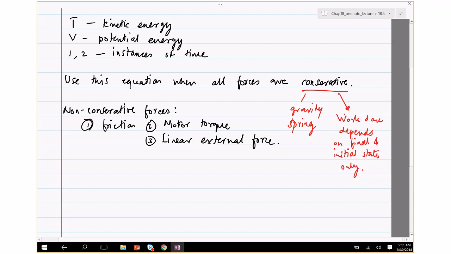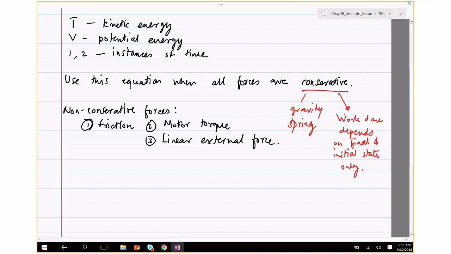So when you see these things in the equation in a problem, do not use conservation of energy, because energy is not conserved. Those forces, that friction force, the motor torque, linear external force, they add energy into the system, so you can no longer say that the energy is conserved.